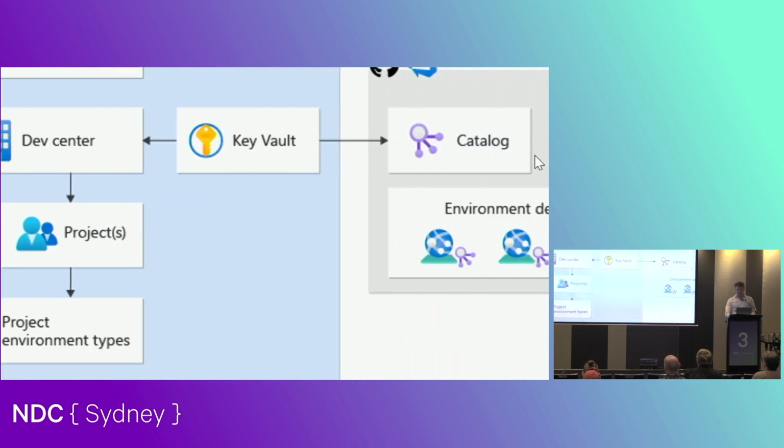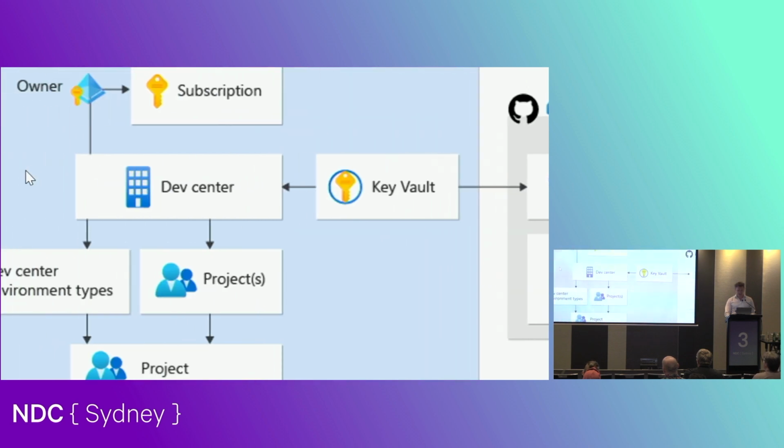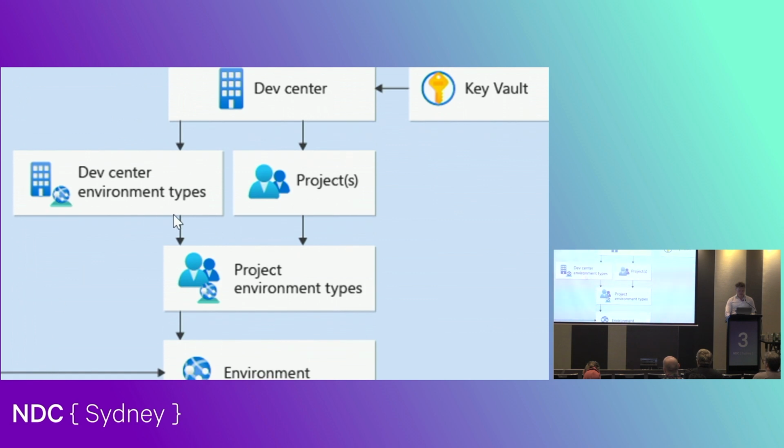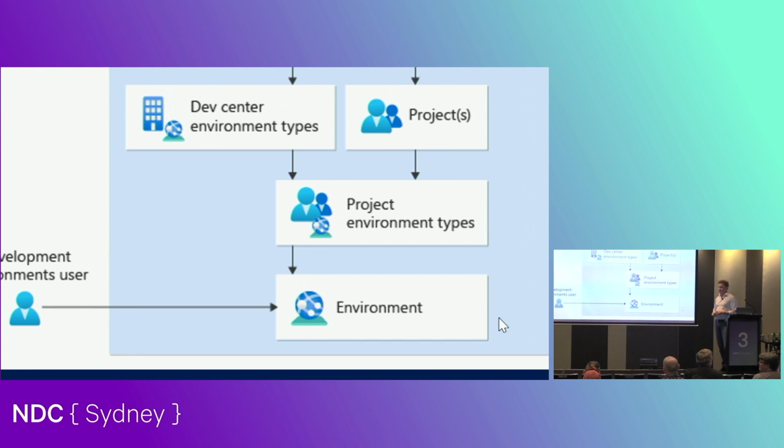The dev center can be connected to a catalog of your deployment templates. And you put that in a subscription and so on. And you define environment types. I told you dev, test, and so on. You can define different projects, and you can combine those two into project environment types. And then you can have a development environments user go in and say, yes, I would like to have one of those environments now, please.